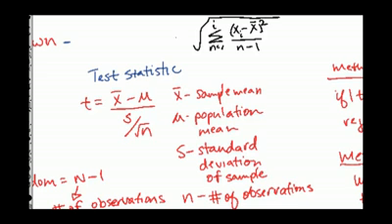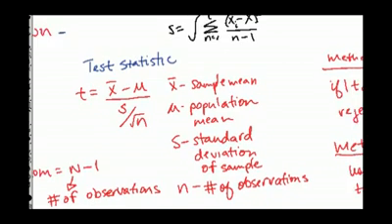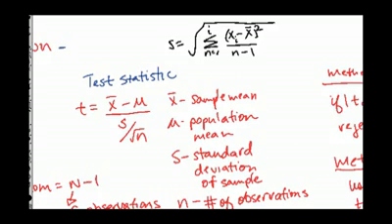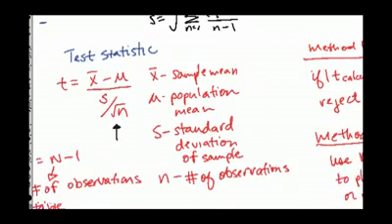Just a quick refresher. And n is the number of observations. And basically what you're going to do is plug into this formula, get a value, and then compare it to your chart value.